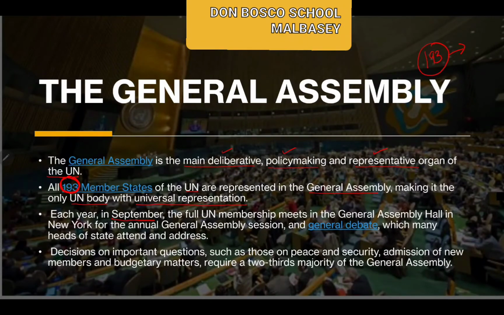Each year in September, the full UN membership meets in the General Assembly Hall. In the month of September, representatives of the 193 countries come and meet in the General Assembly Hall in New York for the annual General Assembly session, and a general debate is held, which many heads of state attend and address.